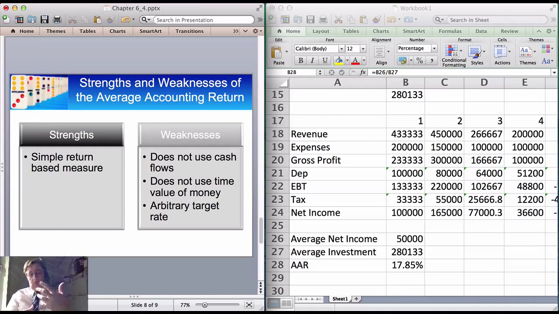There's no account for the time value of money, the risk of the cash flows, or the timing of the cash flows, and the target or benchmark rate is set irrespective of the project or the risk of the project. It's usually a company benchmark rate. So, strengths and weaknesses, as I said, a lot of companies use this method, so there is definite value in this method.